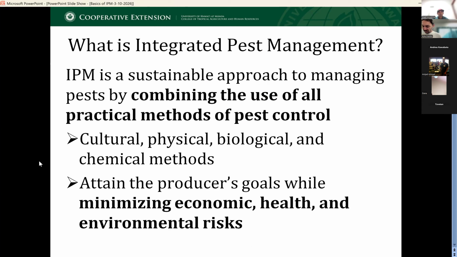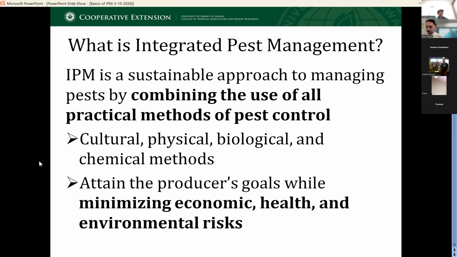What is integrated pest management? Integrated pest management strategies are a collective action designed to reduce the reliance on one type of method and integrate multiple ways to reduce the impact of that pest on our crops.